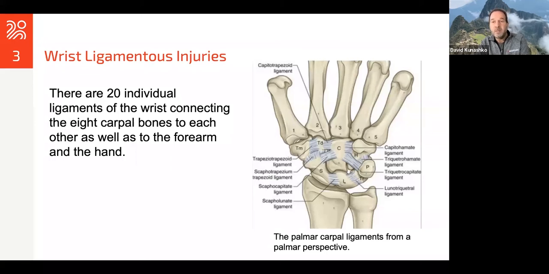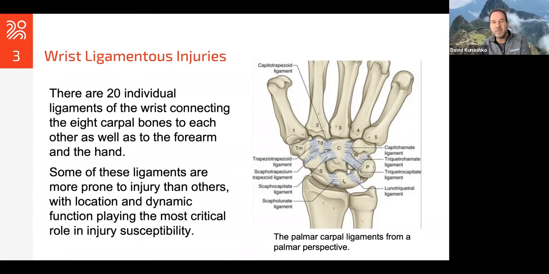That's the wrist complex we're interested in today. With so many ligaments, you could be overwhelmed by the potential for injuries. Fortunately, when these injuries occur, they tend to affect just a couple of ligaments or bones most commonly.